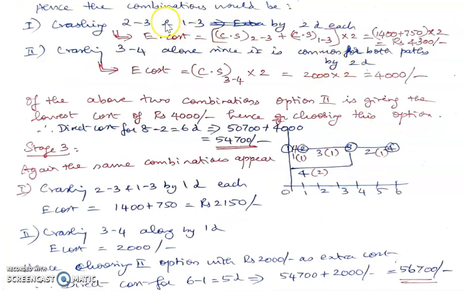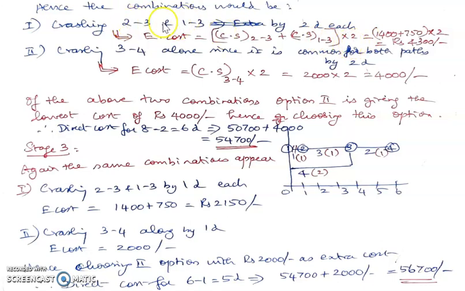So what is the extra cost incurred in each of the options I'm looking at? Crashing 2, 3 and 1, 3 by 2 days each will incur an extra cost because we are crashing two activities along two paths. Therefore, the combined cost slope has to be taken. So cost slope of 2, 3 plus cost slope of 1, 3 multiplied by 2 days of crashing.